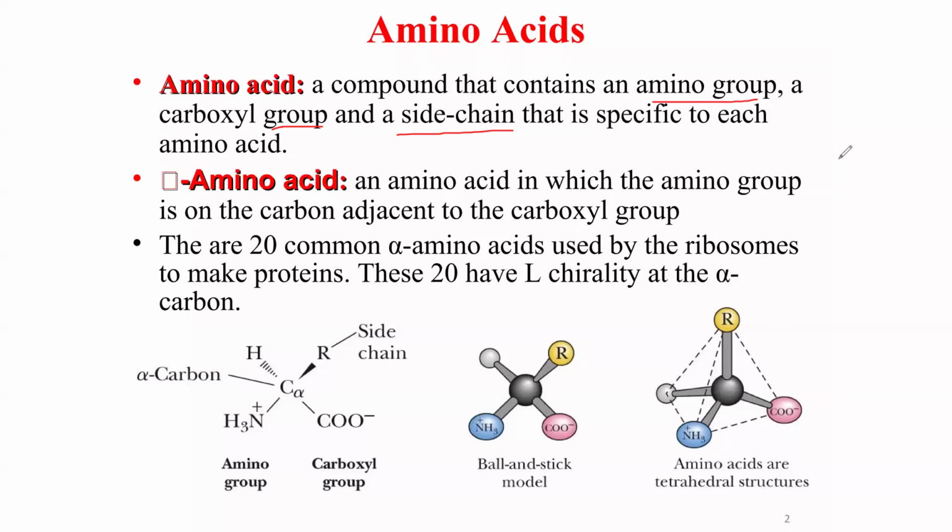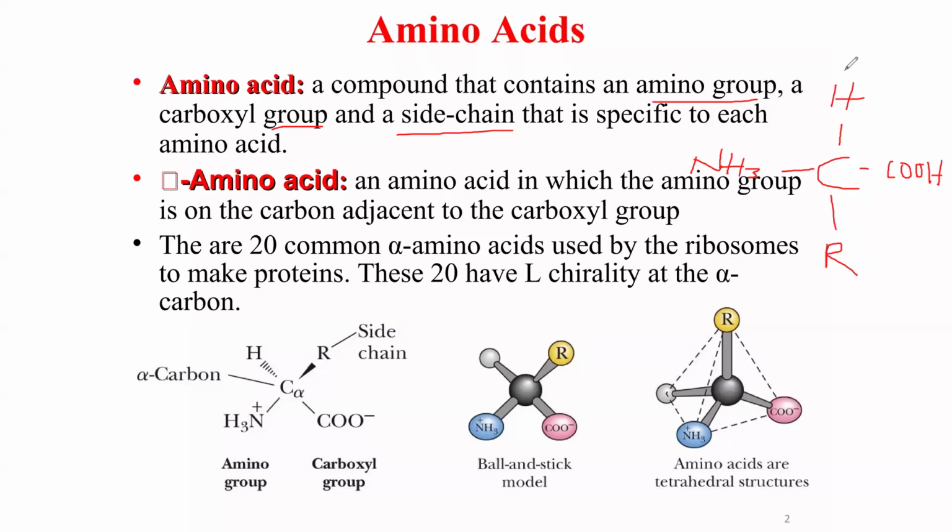In an amino acid, we have a carbon, and on this carbon we have a free hydrogen, a carboxylic group, and an amino group. Apart from these three groups attached to it, we also have the R side chain, and this R side chain is specific to amino acids.